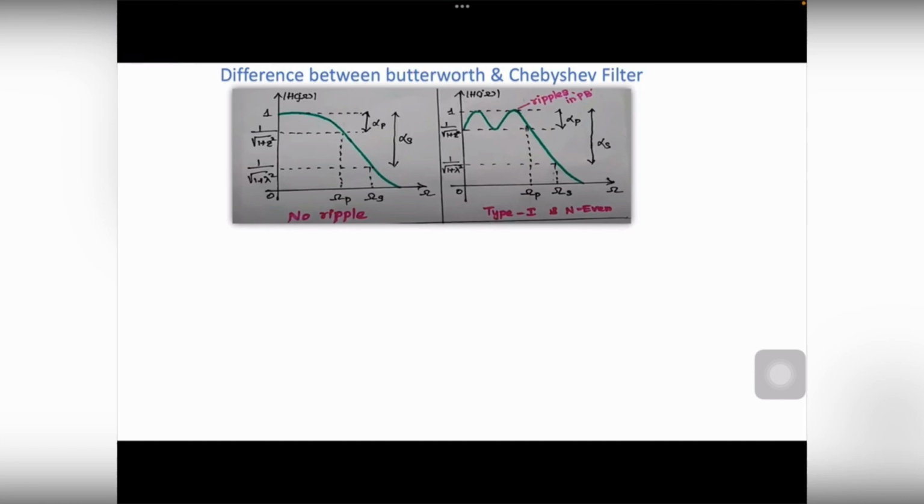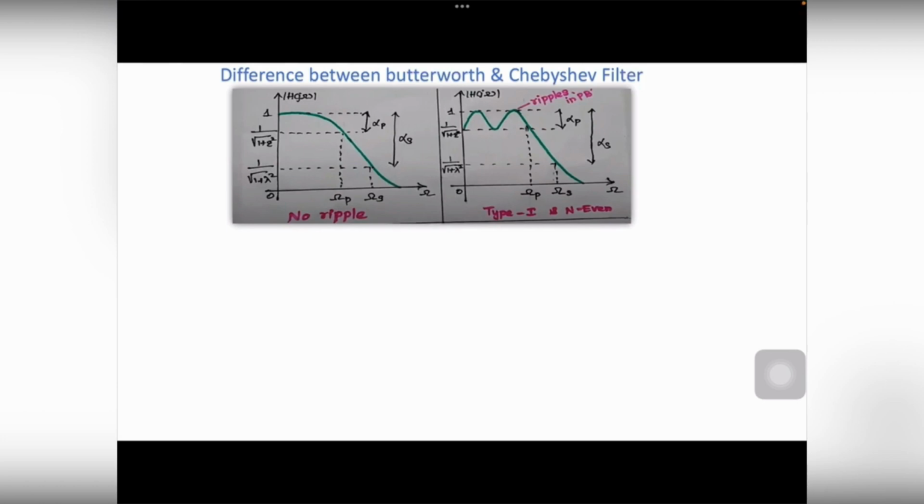As the frequency increases, we can see the gain is constant at the initial stage, then it slowly decreases. In the Chebyshev filter, we can see the ripples present in the pass band.